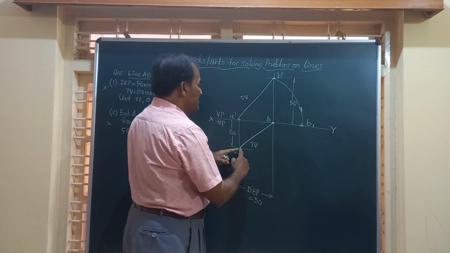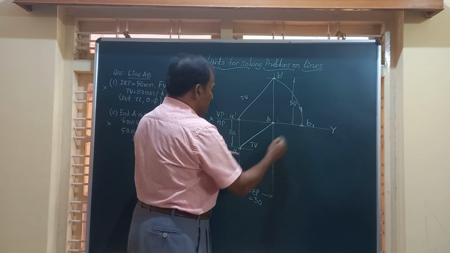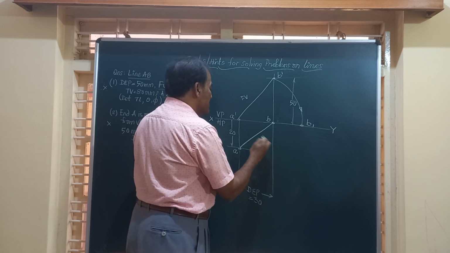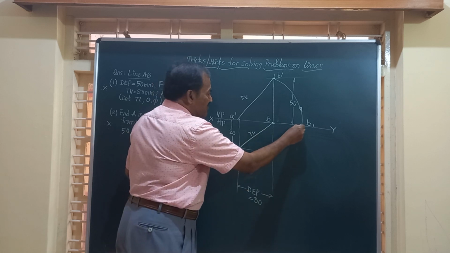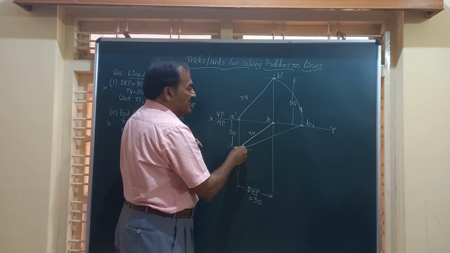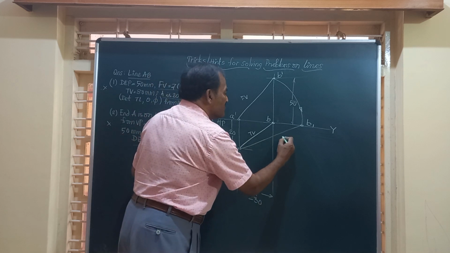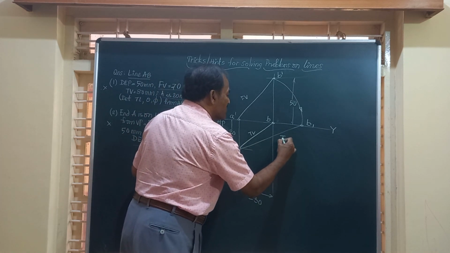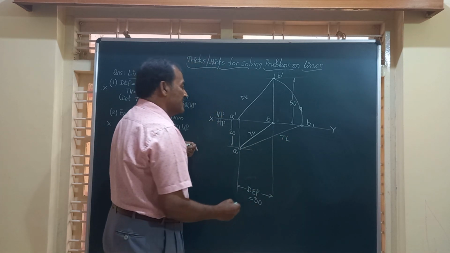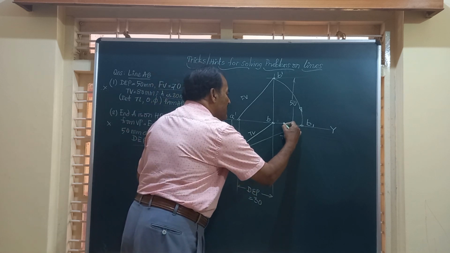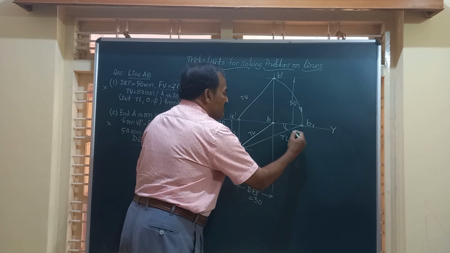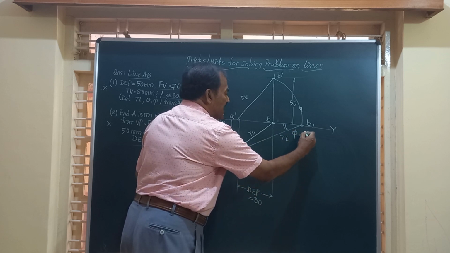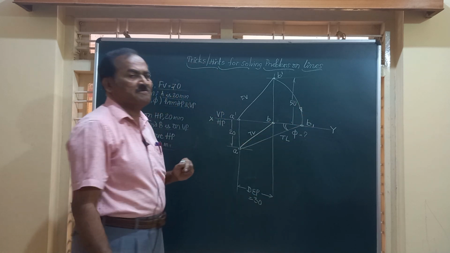So friends, this is A, this is B1. By definition, this AB1 is the true length of the line. So I am going to join A and B1 here. This will give you the true length of the line, and this will give you the angle made by the true length, that is this line, with VP. So this angle can be measured.